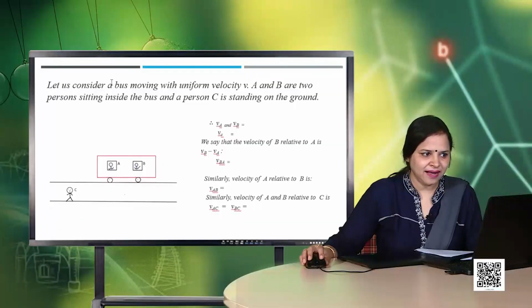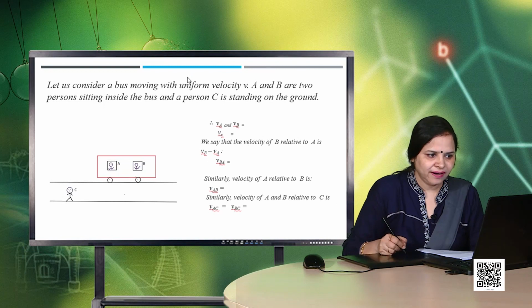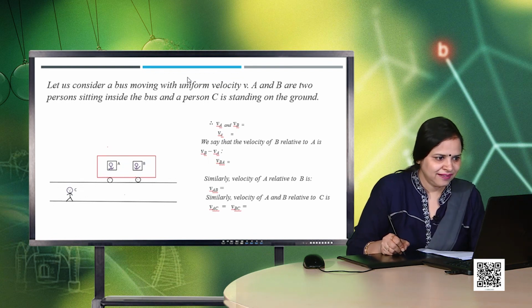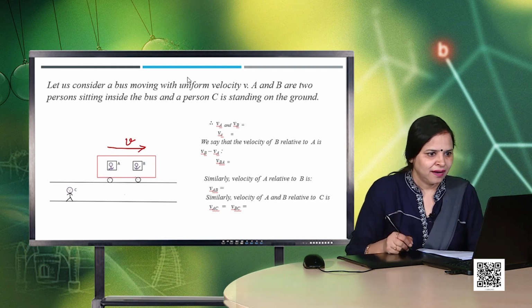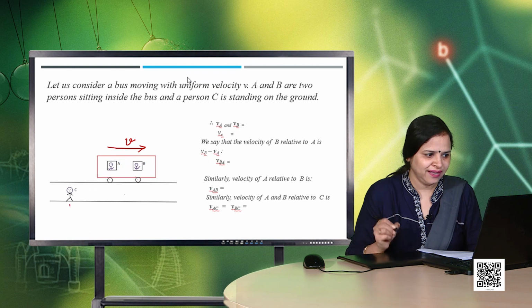Now, let us consider a bus moving with a uniform velocity v. Here you can see a bus with two persons A and B sitting in it, and let us say this bus is moving with a uniform velocity v towards the right, and a person C is standing on the ground.